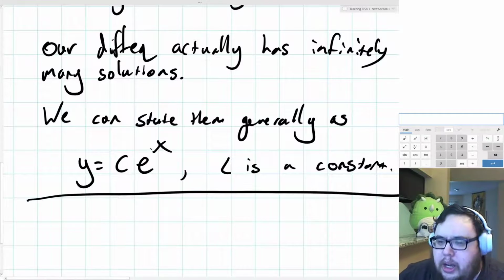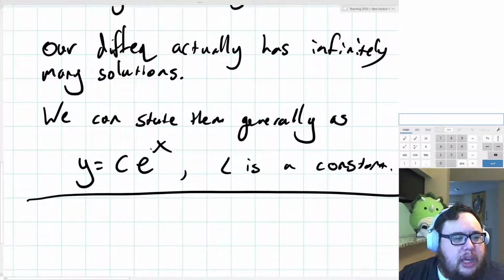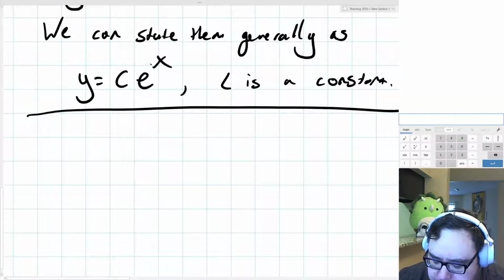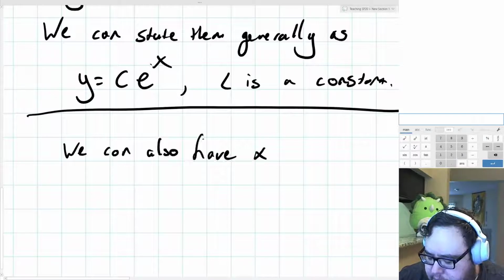Note that differential equations don't have to just be in terms of y itself, right? We can also have x in differential equations.